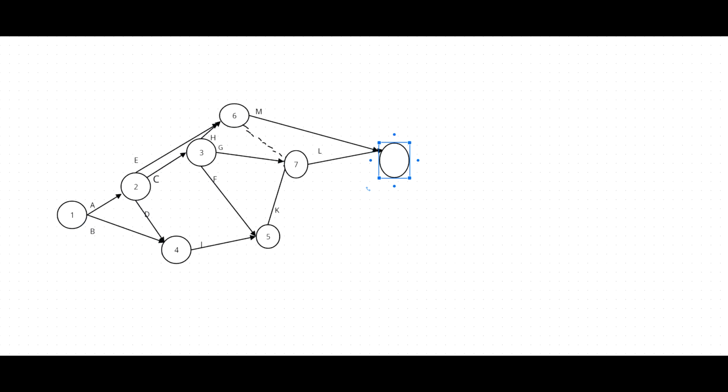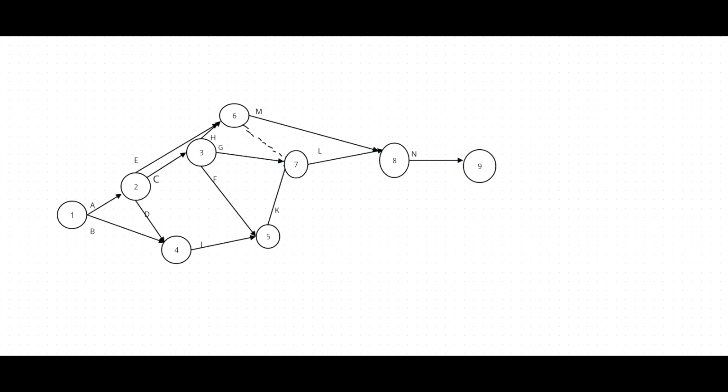The last one, activity N. The entire project we can complete after the 9th event. That's the way you should draw the network diagram for this example.